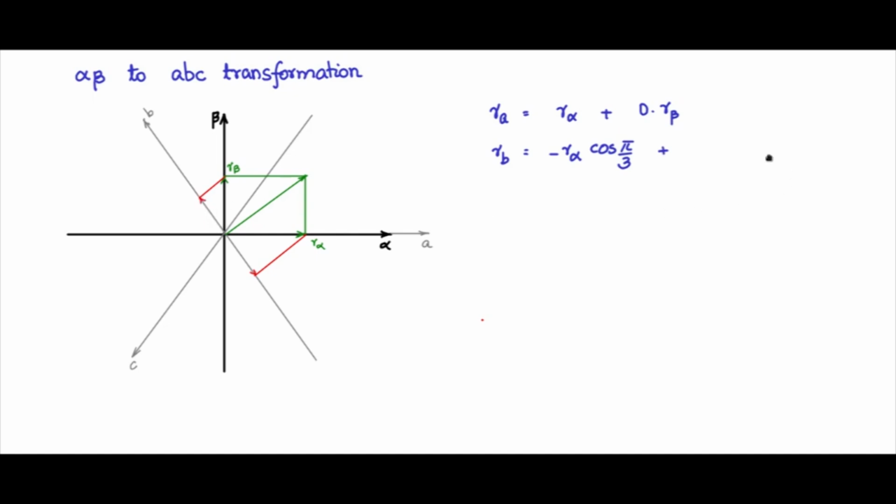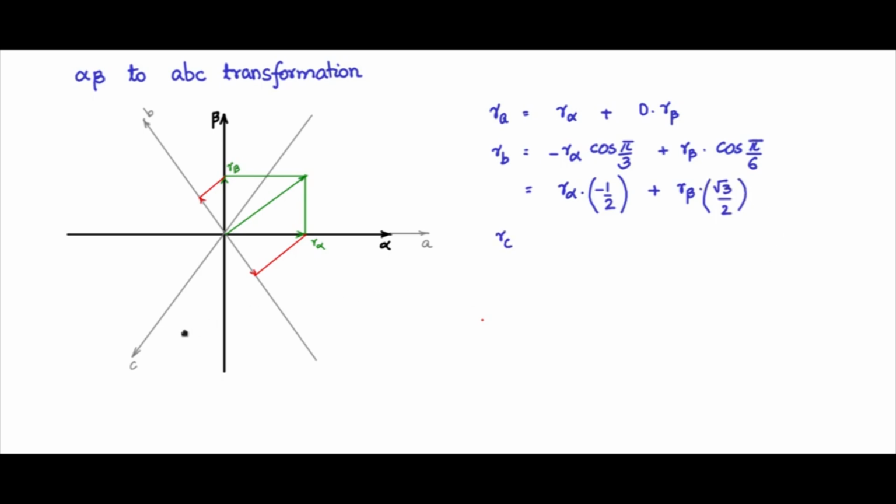So, you can write R beta, and this angle is 30 degrees because this overall is 120 degrees, B axis from A axis. Beta is at 90, so this will be 30. So that is cos pi by 6. So R alpha minus cos pi by 3 is minus half, and cos pi by 6 is root 3 by 2.